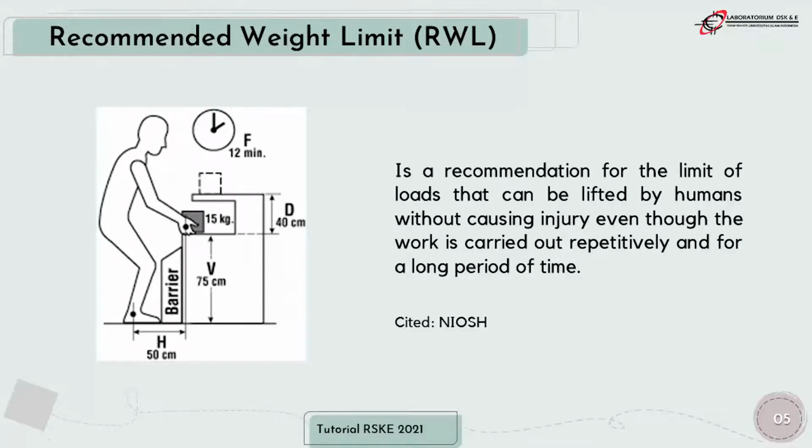When given this recommendation, the worker can work repetitively and for a long time. It is obtained by measuring the observed variables such as horizontal distance, vertical distance, angle of rotation, and so on as shown on the slide.